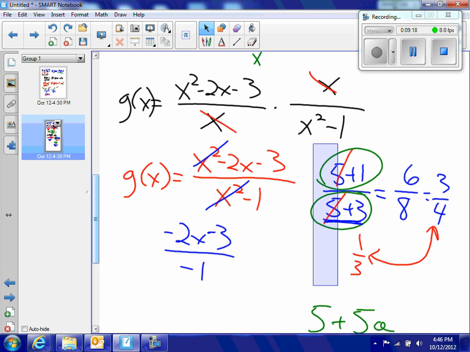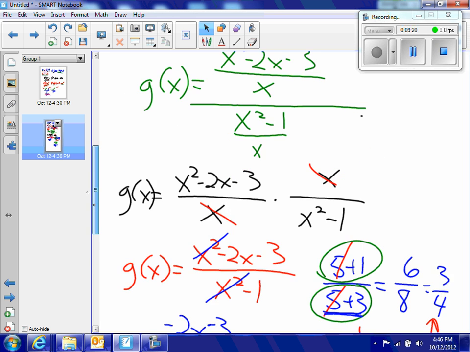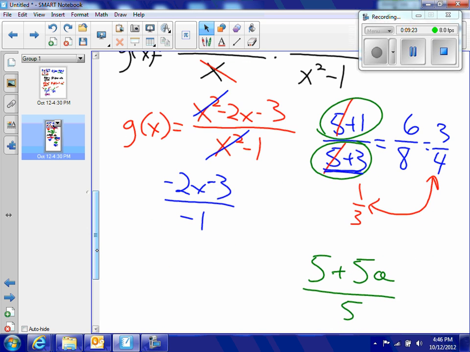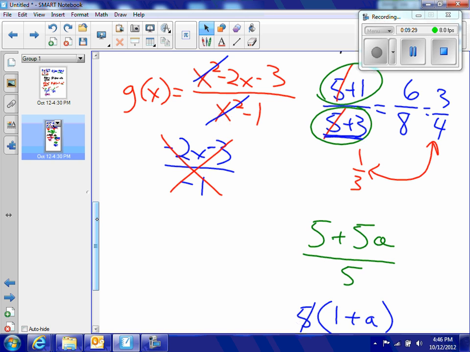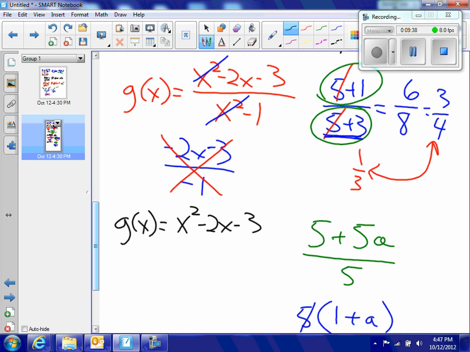So let's go back to our problem here. 2x minus 3 is no good. So I still have g of x equals x squared minus 2x minus 3 over x squared minus 1.